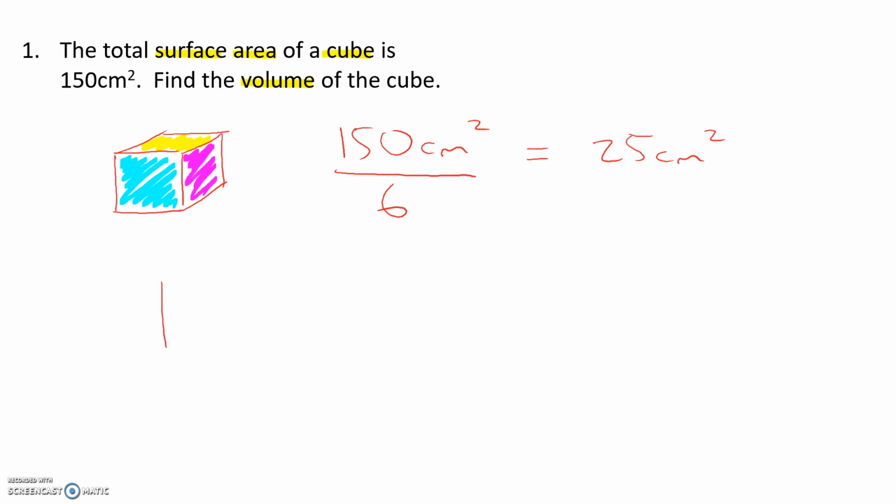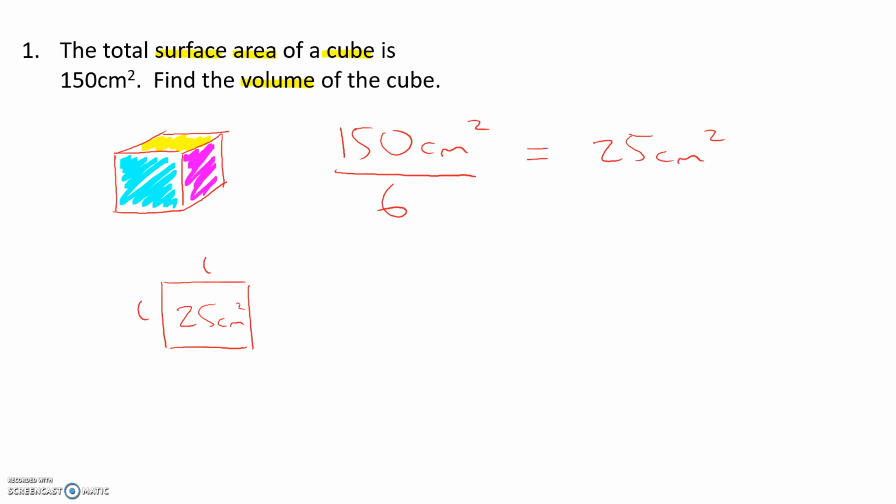Now let's focus on one of those faces. So if that's our face, and we know its area is 25 square centimetres, how would we work out an area of that shape? Well, it's a square, so we do this length times this length. Whatever that length is times itself has got to give us 25.